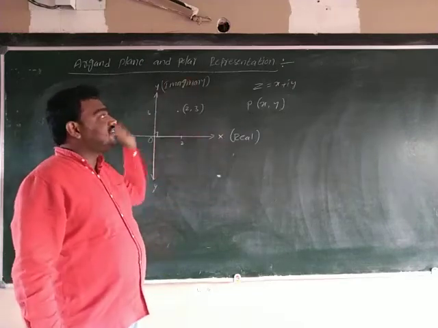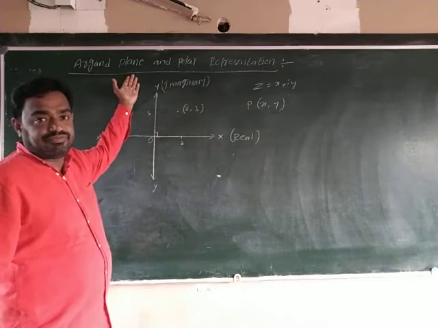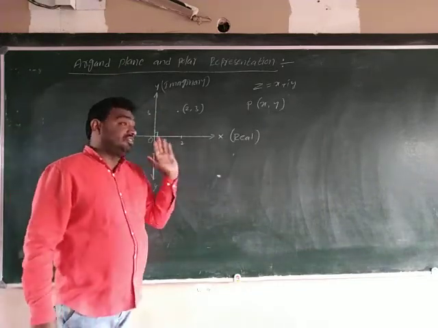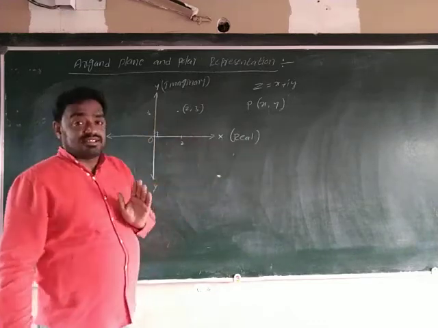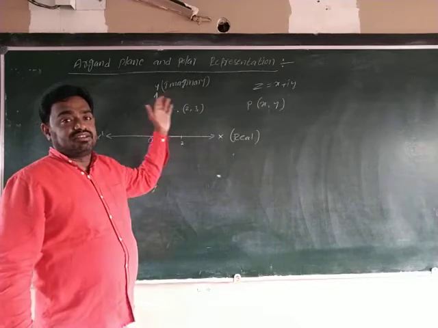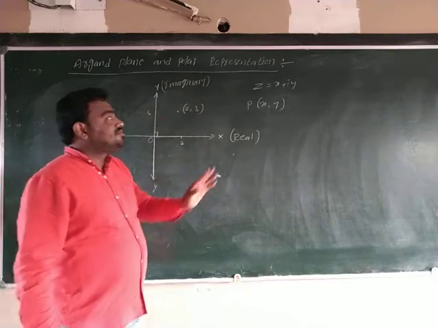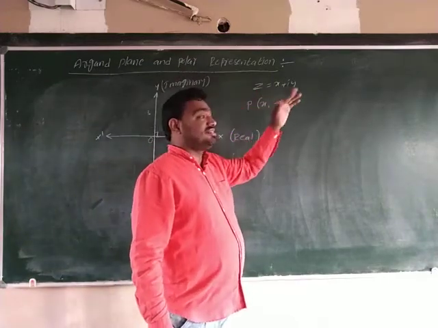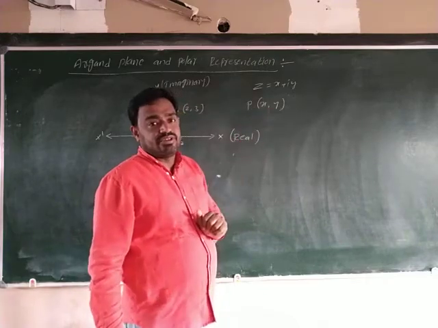Then this plane is called the Argand plane. If we take the x-axis as real axis and the y-axis as imaginary axis, then the plane is called the Argand plane. So every complex number x + iy is associated with the point P(x, y).